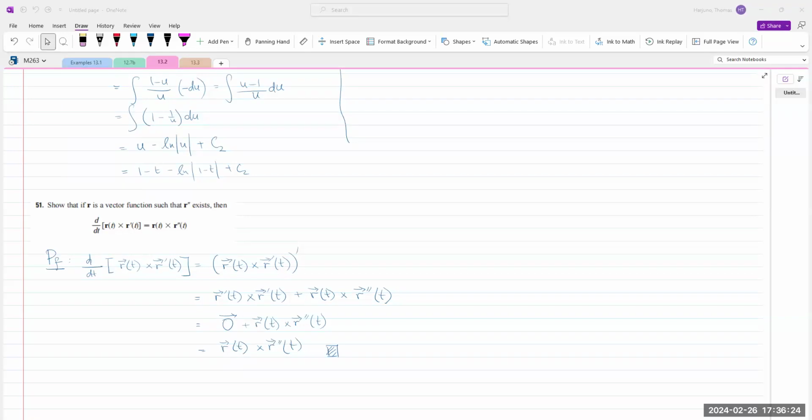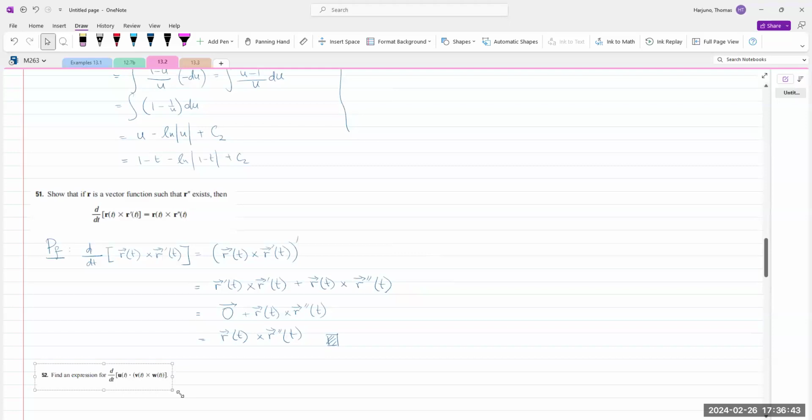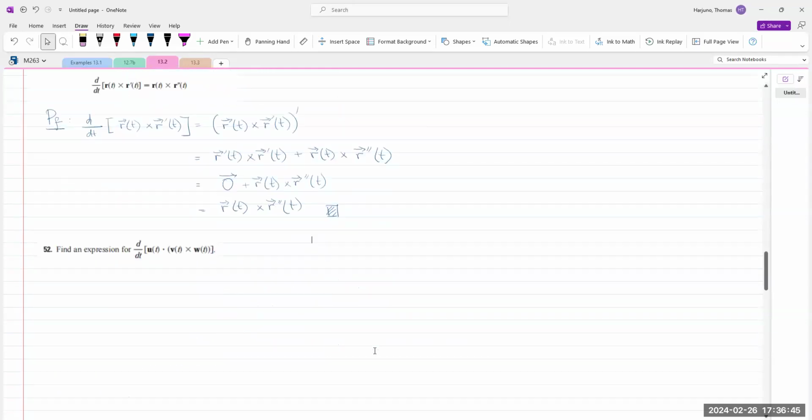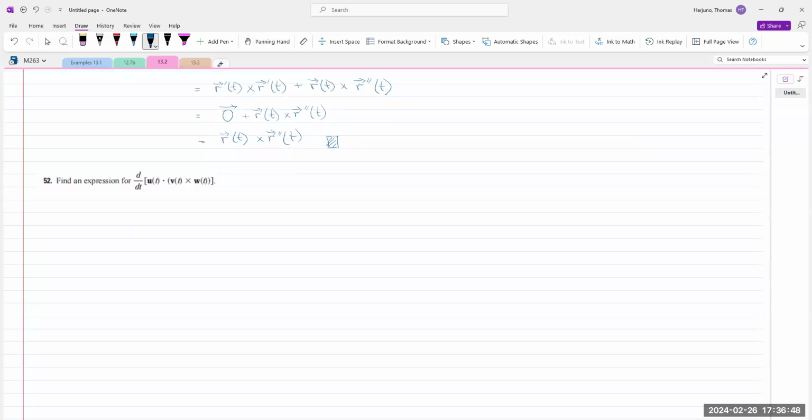Okay, and then maybe one more, number 52. Find the expression for the derivative of the triple scalar product of vector functions. So basically the question is, what is the derivative of u dot (phi cross w)?